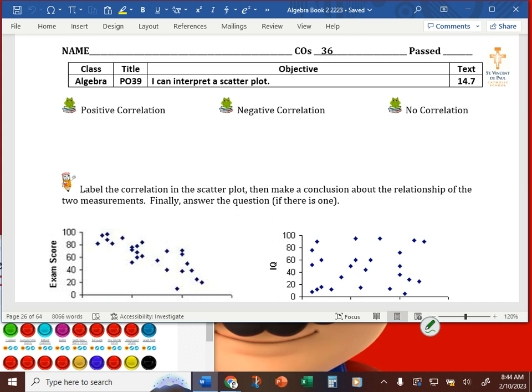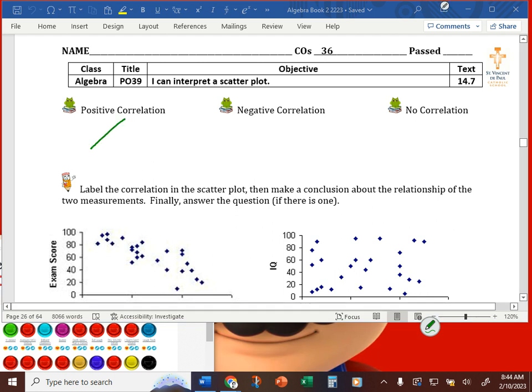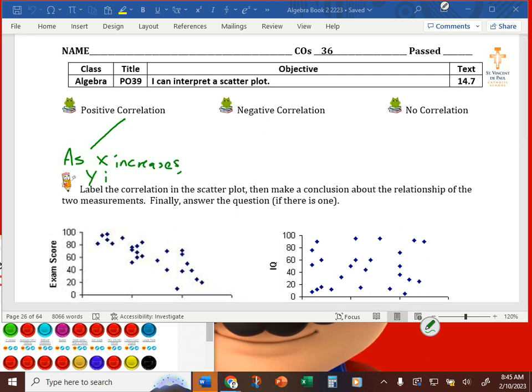If your line of best fit looks like this, it means the scatter plot has positive correlation, which means that as x increases, y increases. Yesterday, our example was the wins and points scored of NFL teams. It was a positive correlation because as the wins the team had increased, so did their offensive points. You can also flip that around and say as their offensive points increased, so did their wins.